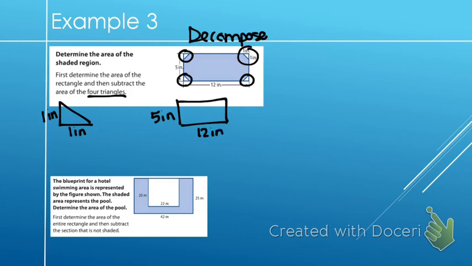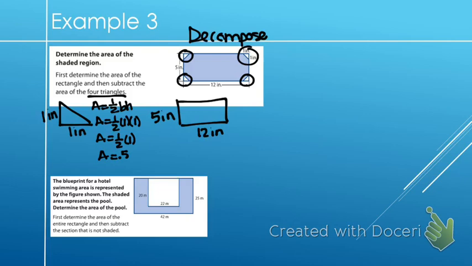Okay, so area of a triangle is 1/2 base times height. I'm going to plug in my numbers. So base is 1, height is 1. 1 times 1, we get 1. Half of 1 is 0.5. But this is where a lot of you will make your mistakes.